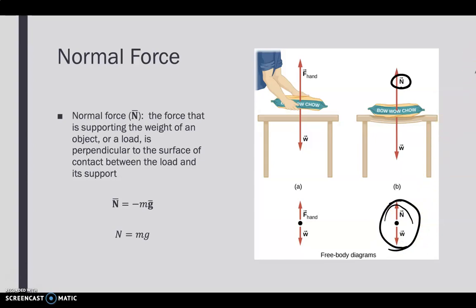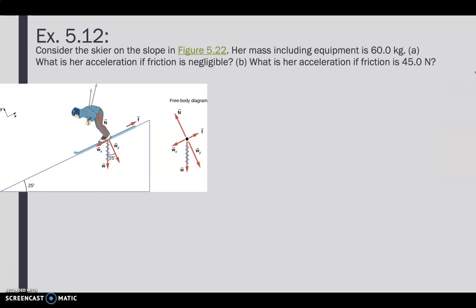Okay, so let's put that to use now with an example. Consider this skier on a slope. Her mass, including equipment, is 60 kilograms. We first want to know what her acceleration is if friction is negligible. So friction is 0 in this first case.